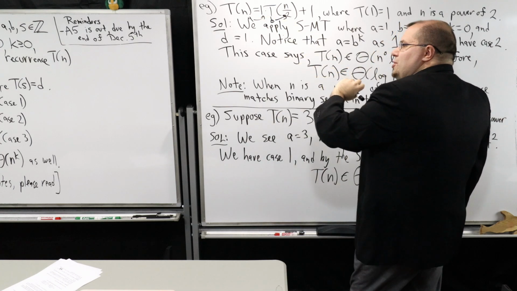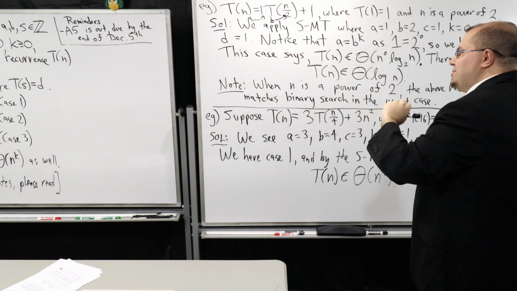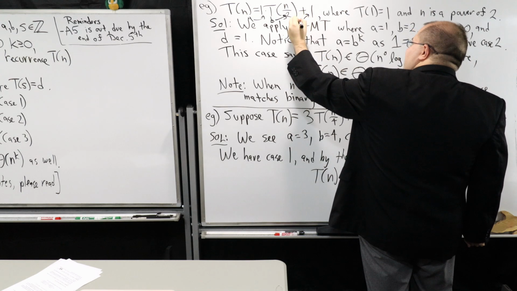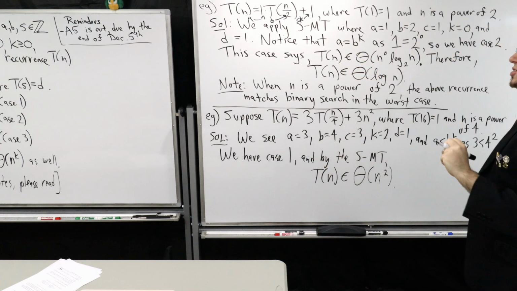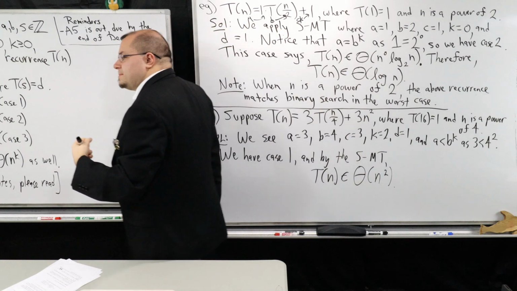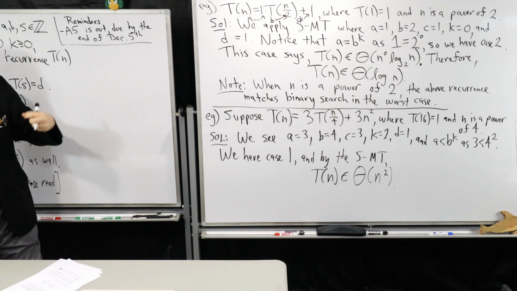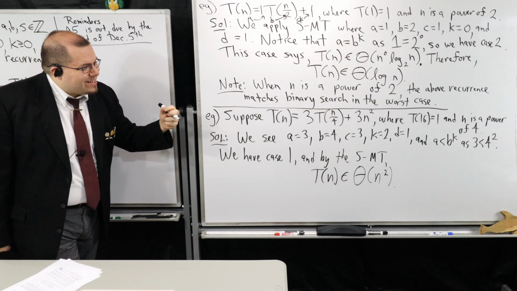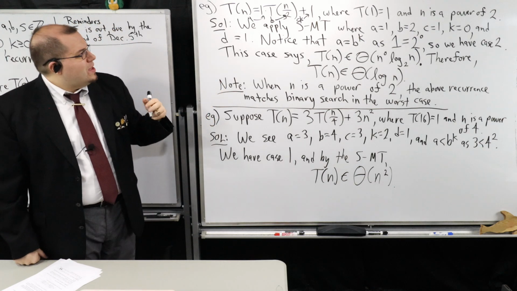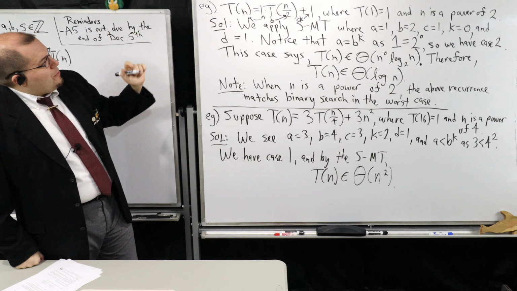B is indeed greater or equal to 2, and it's an integer, so we're okay. Then you look for what C and K are. This usually relates to this term. Remember, it's the non-recursive work that happens in that recursive case. So your job is just to identify those constants and see if it fits the form of those conditions over there. Here's how I would approach this.